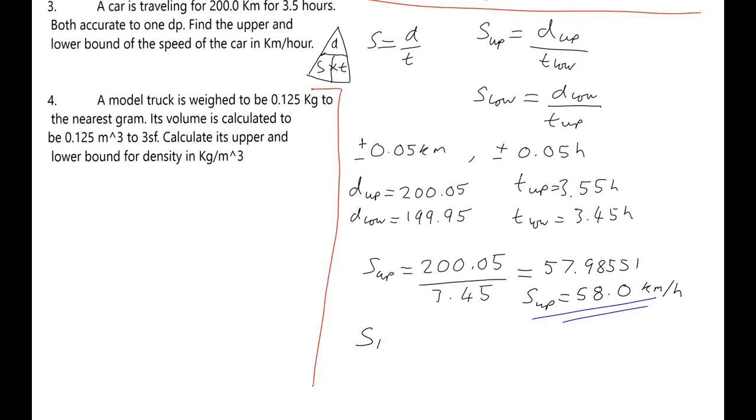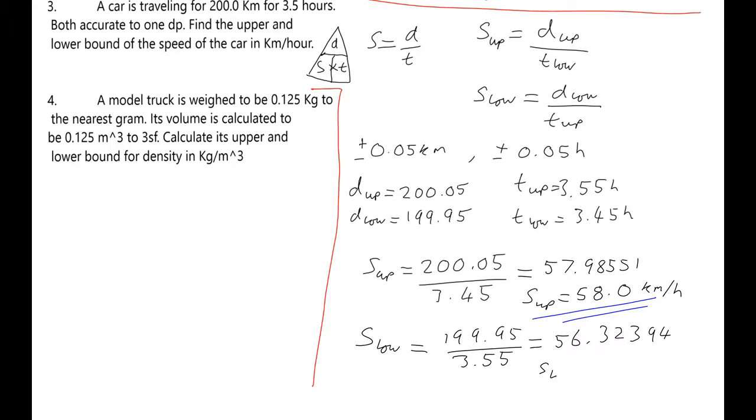Now S lower equals the D lower, 199.95, divided by T upper, 3.55, and that equals 56.32394.